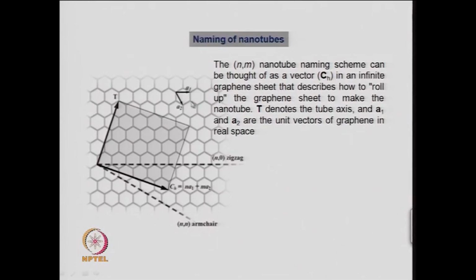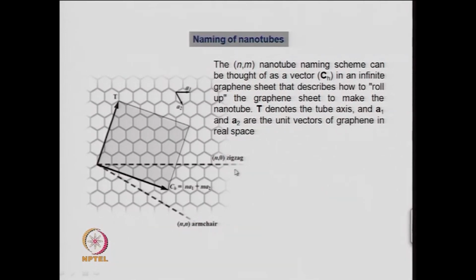So, you will have a resultant like this, and that is what is being shown. This is parallel to the resultant which you get here, and you will get the n n carbon nanotube, which is commonly called the armchair nanotube. So, the zigzag nanotube and the armchair nanotube are two special cases.